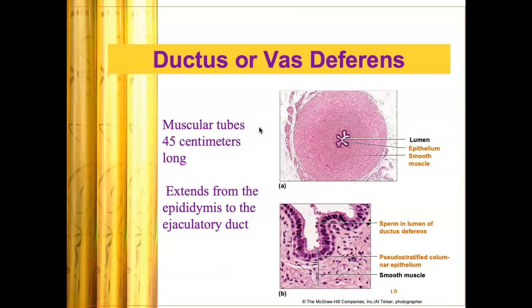The tubing that's going to bring the sperm into the body is called the ductus deferens or vas deferens. The vas part might make you think of a vasectomy. That's what this ductus deferens or vas deferens is cut during a vasectomy. And it's a muscular tube that is going to push the sperm along into the body.